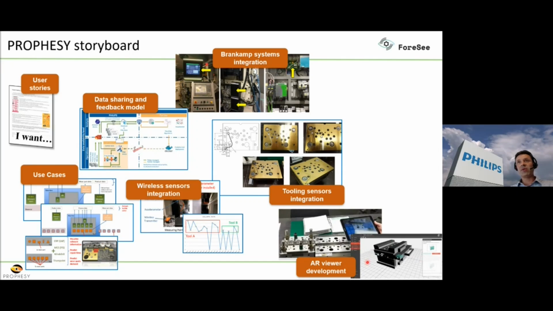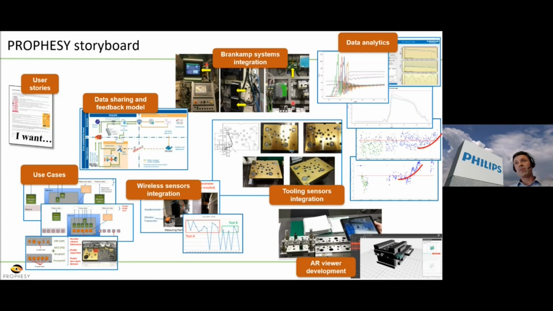And a live data stream, for instance, can be an output of a machine learning algorithm predicting the remaining useful life. Last but not least, extensive data pre-processing and data analysis has been performed on these process data.